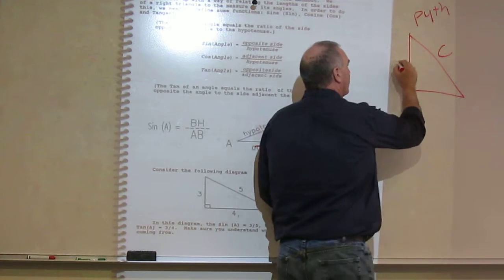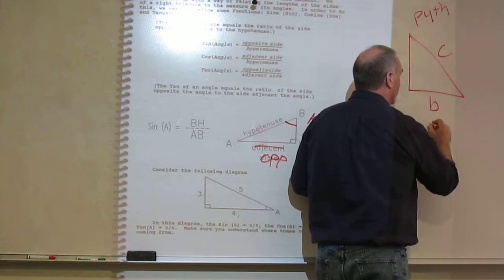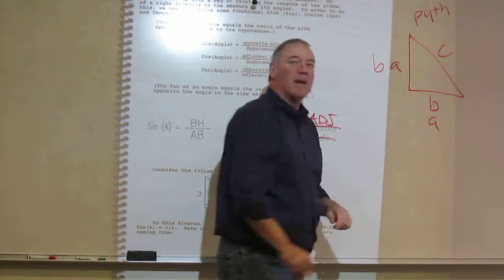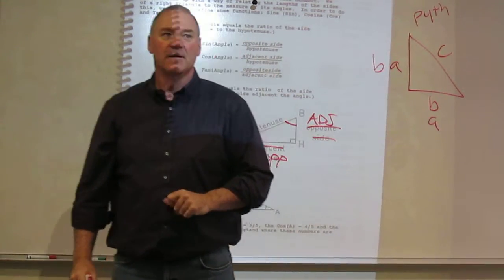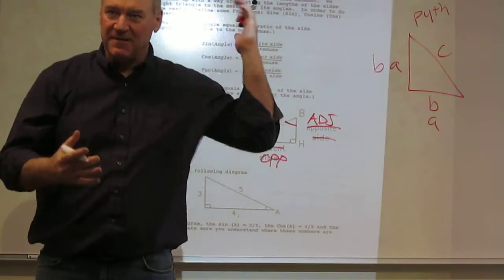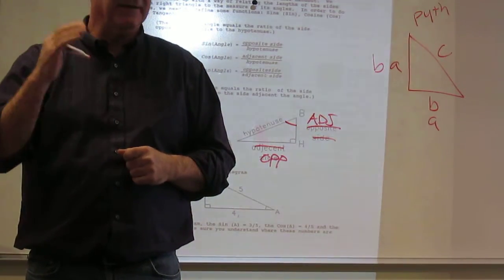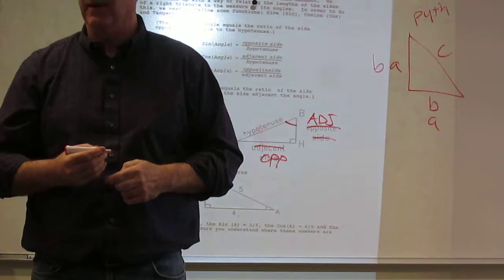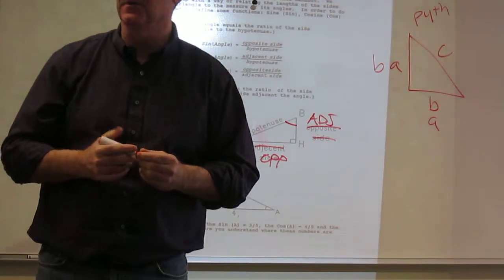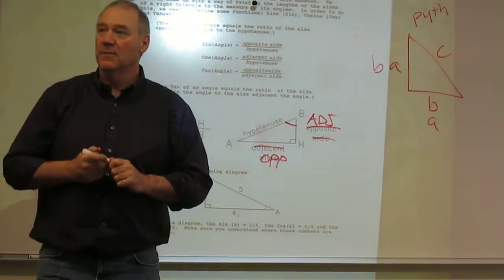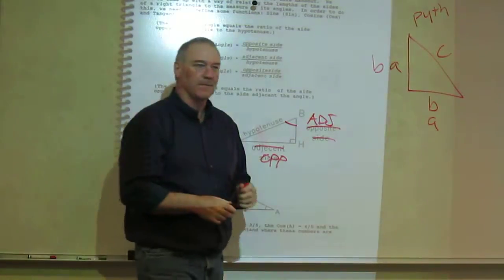And then we could label the sides A or B, it didn't matter. With this one, you do have to get the adjacent and opposite sides correct for the angle you're looking for, but they will move depending on the angle you are dealing with.